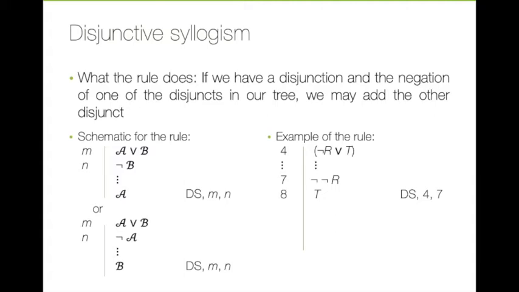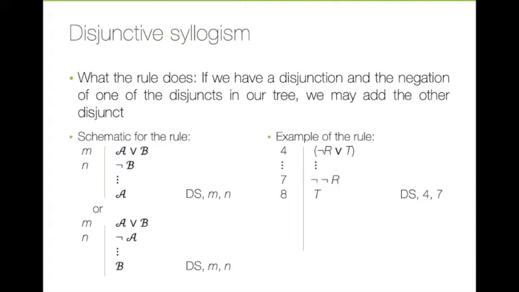On the left, we have the schematic with the basic structure of the rule. Reminder, A and B are our metavariables for any sentence of truth functional logic, and M and N are our line number variables. So imagine we have a sentence A or B on line M, and then the negation of one disjunct B on line N. We can add the other disjunct on a new line of the proof.